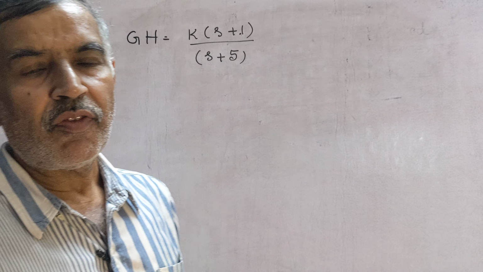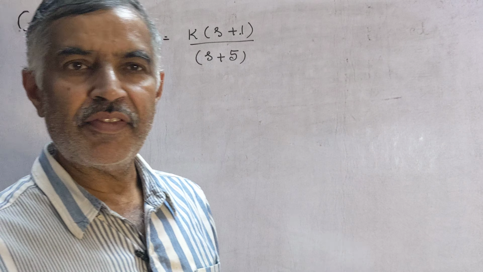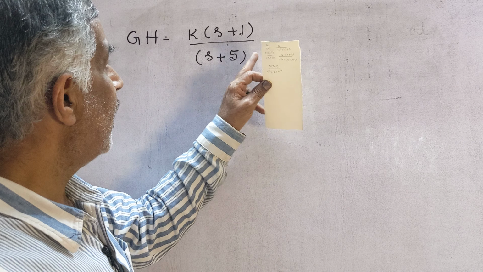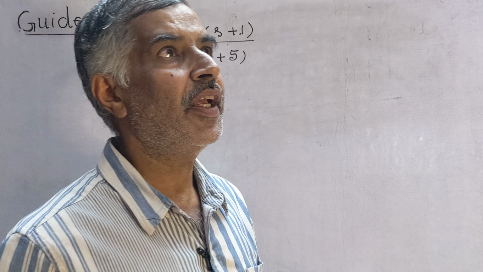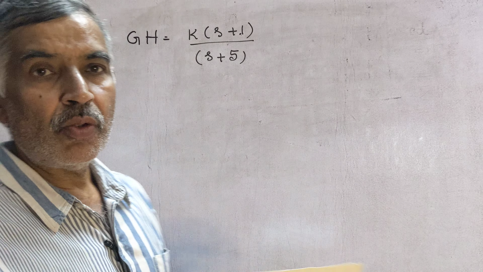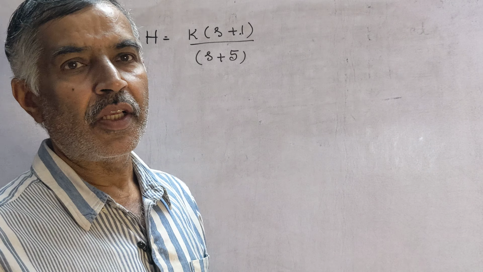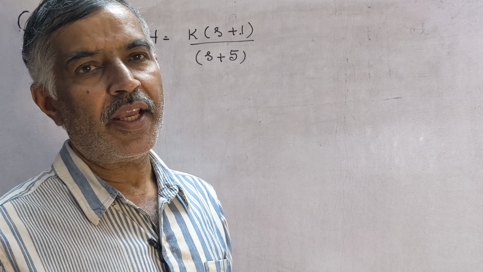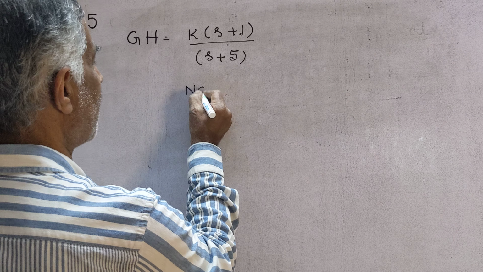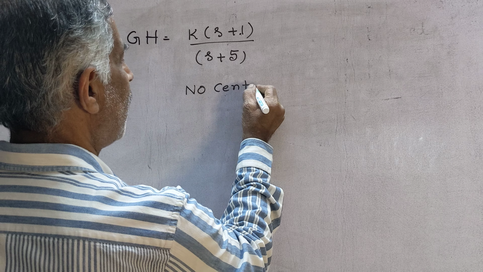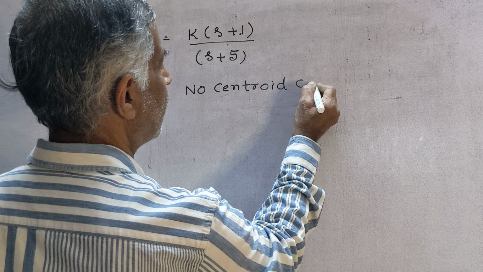Therefore, number of branches terminated at infinity is nil, because number of poles is equal to number of zeros. Therefore, there are no branches terminating at infinity. Therefore, there is no angle of asymptote calculation. As there is no asymptote angle calculation, there is no centroid calculation also.